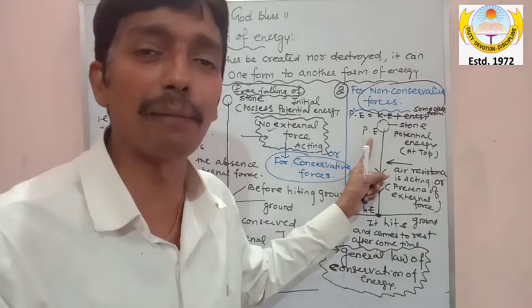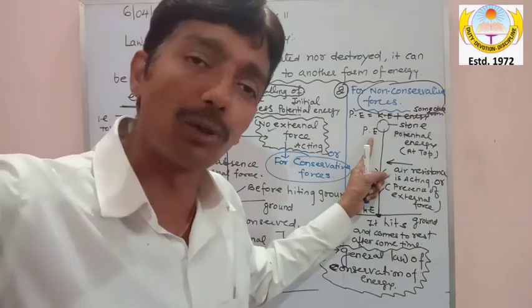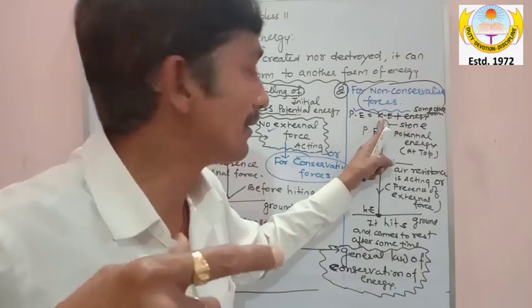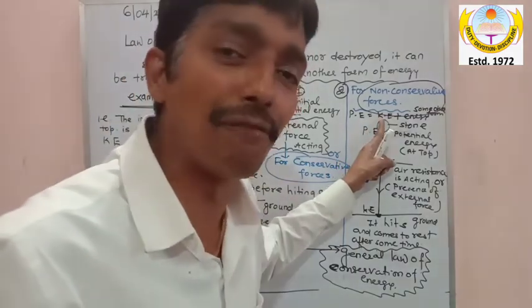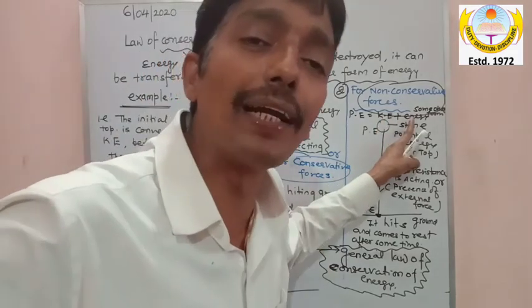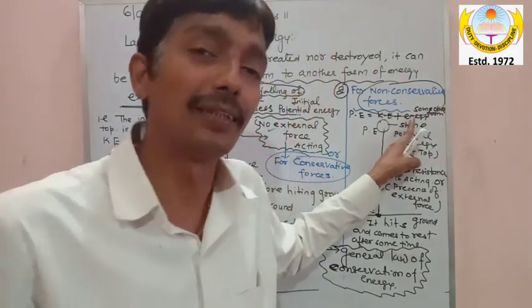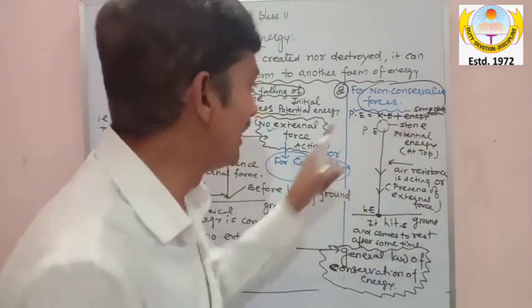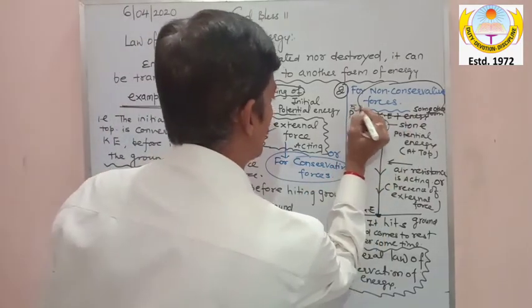In that case, my dear, I do agree the stone possesses some potential energy, say 5 joule. Of that 5 joule, the kinetic energy is not entirely 5. Say it is 3 joule. The 2 joule will be energy in some other form, say sound, say light, say heat. So here I am writing, it is 5 joule.